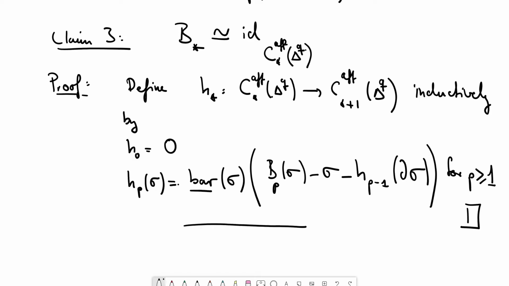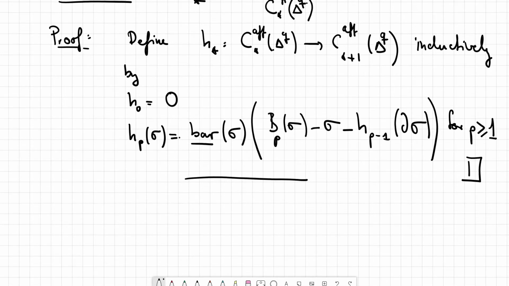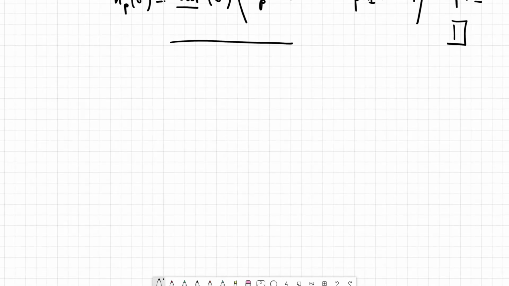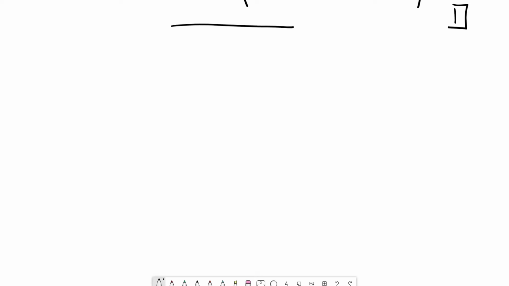Go to what Holger already asked about. What about barycentric subdivision in general, not just inside delta Q? And here we will see an important trick that we will also see later on in the lecture.